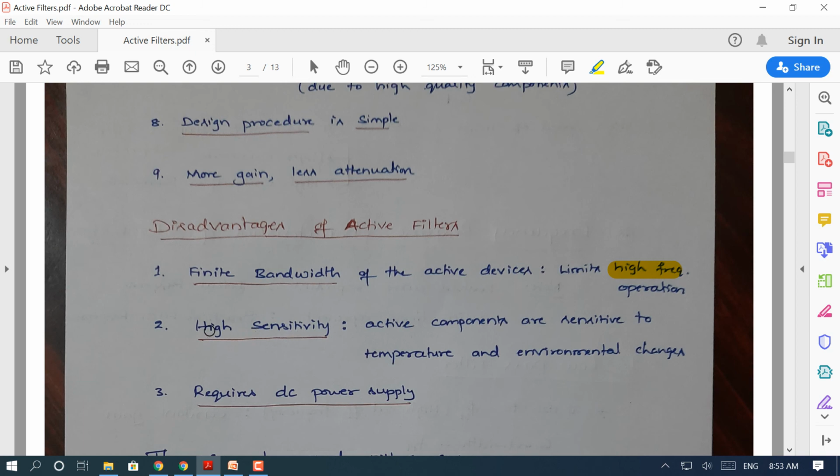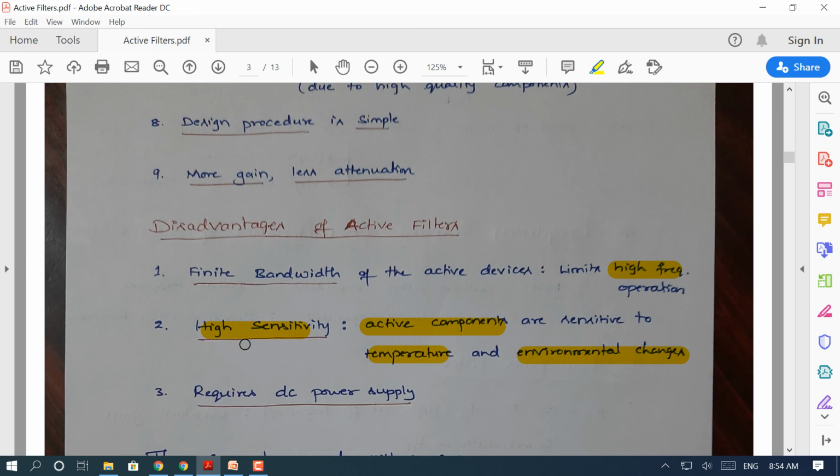Second thing is high sensitivity. Active filters use active components. These components are very sensitive to temperature changes and environmental changes, humidity and noise, disturbances, all those kinds of things. So this poses another drawback for active filters because of the usage of active components.